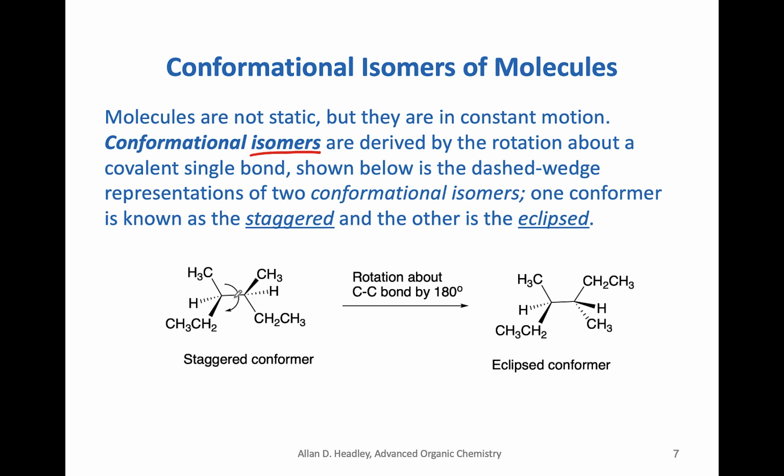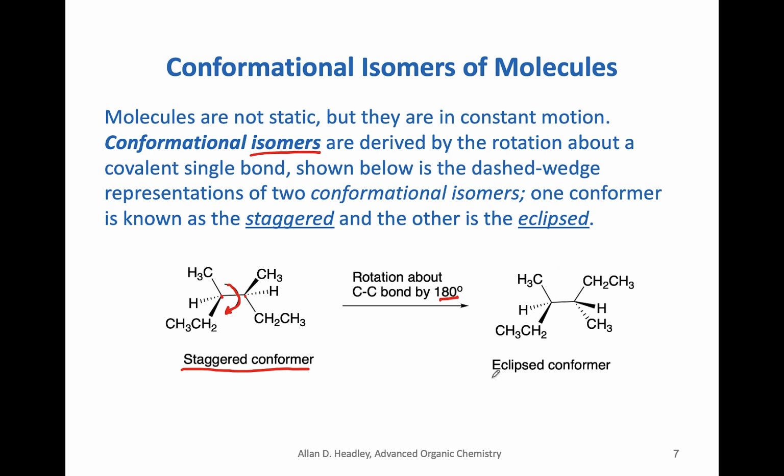So let's look at this molecule here. So we have a methyl, a carbon, and an ethyl group. So what we have here is a staggered conformation, or the anti-conformation. If we should rotate around this bond here by 180 degrees, as you can imagine, this will come up as shown here.